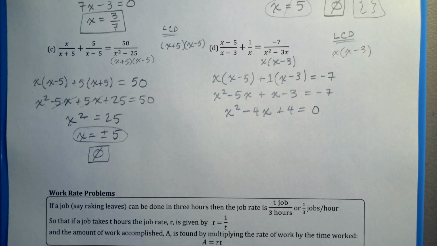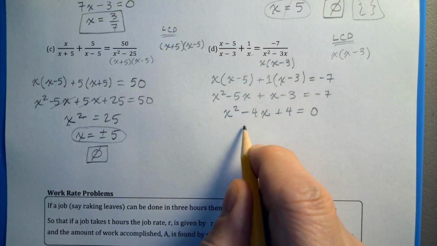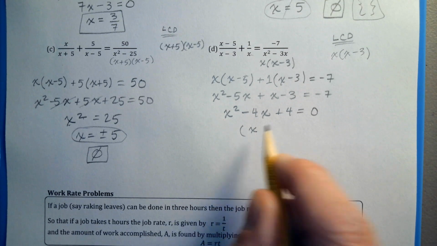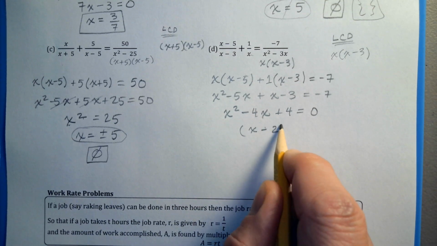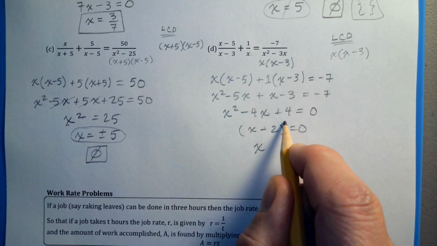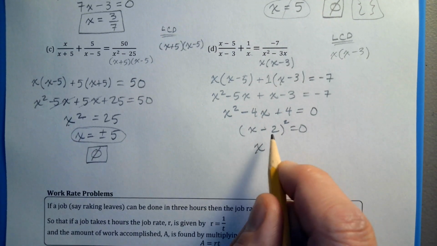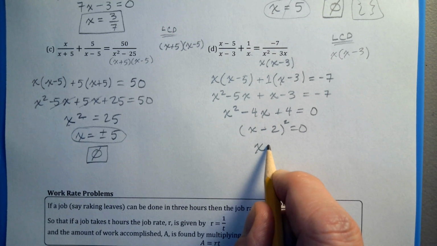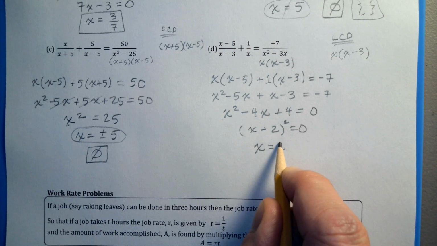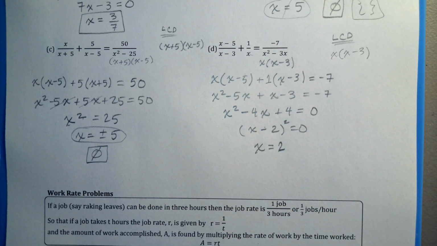All right, and it's a perfect square trinomial, and so that would just factor into x minus 2, quantity squared, equals 0. And so x is equal to just 2. So this is one of these repeated roots, right? So we get one answer, but it's kind of like a repeated root.